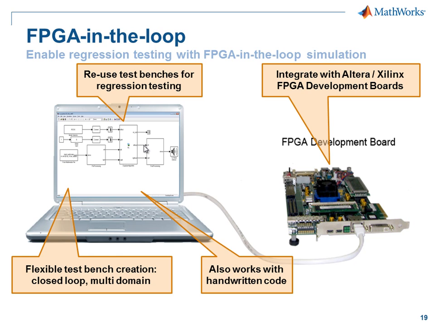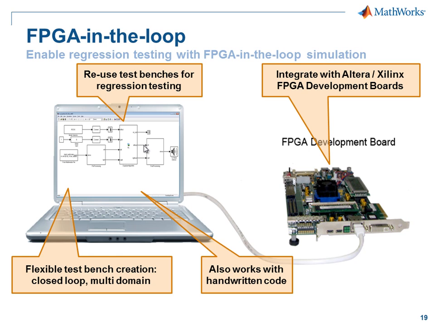And as you can see, FPGA in the loop provides you with the same kind of flexibility as HDL code simulation gives you, in the sense that the test bench can have closed loops, can have multi-domain components and so forth. So it provides you with a lot of flexibility in constructing your test benches.